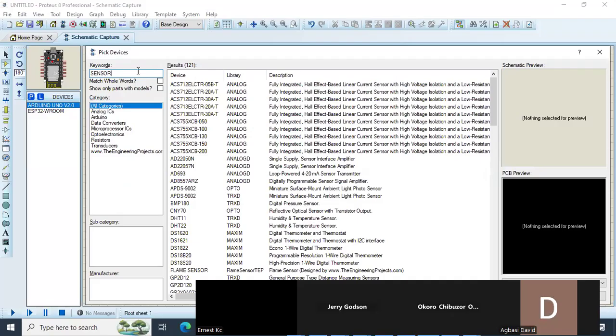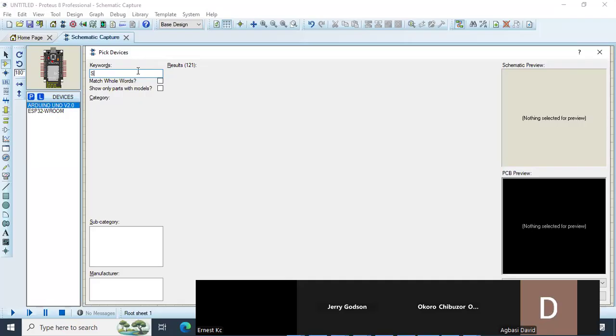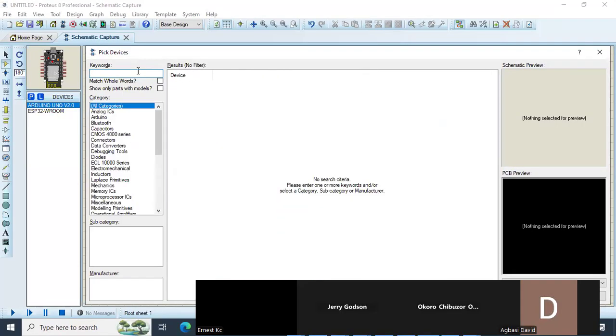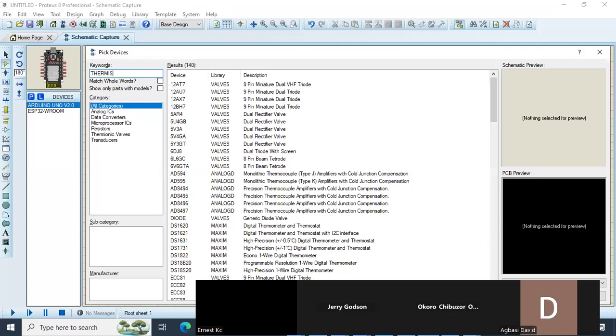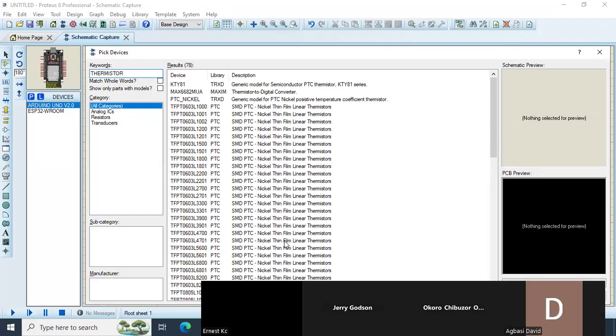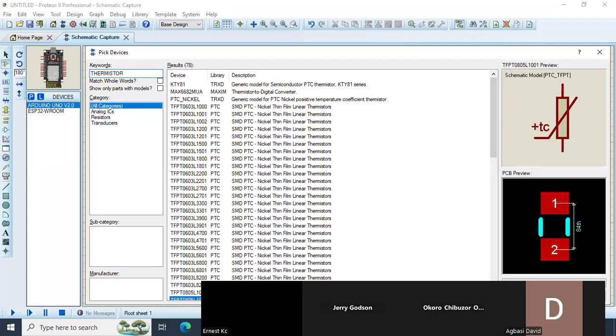Okay, let's take for example just a temperature sensor, let's say a thermistor. Which of the thermistors? We just pick.